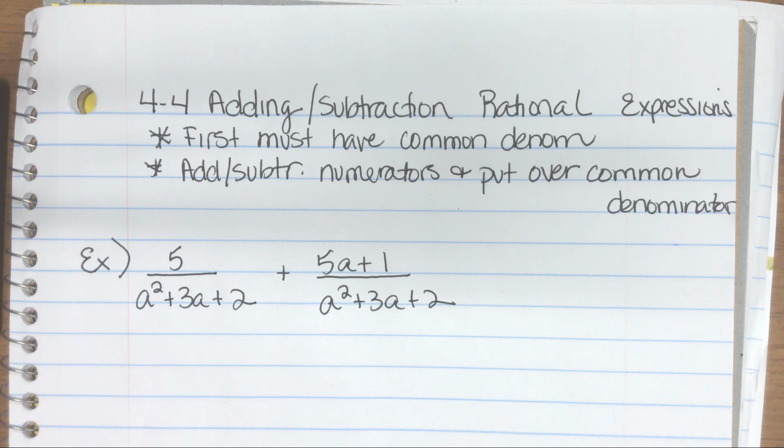Okay. Do you guys see how on this example these already have the same denominator? So I can go right to my second step then.